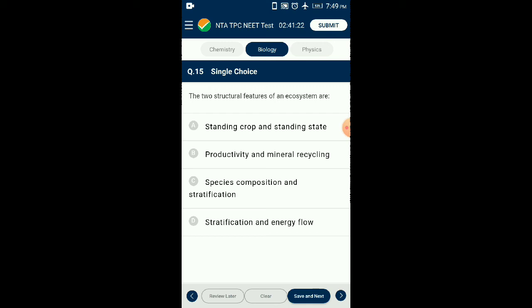For example, the tropical rainforest is dense with an amazing number of biological species. On the other hand, vegetation is sparse in the desert ecosystem. So the answer for this question is option C. Species composition and stratification are the two structural features of an ecosystem.